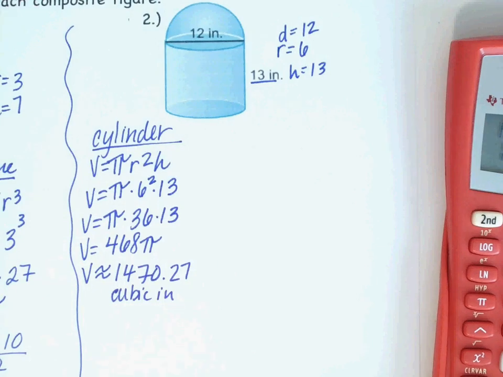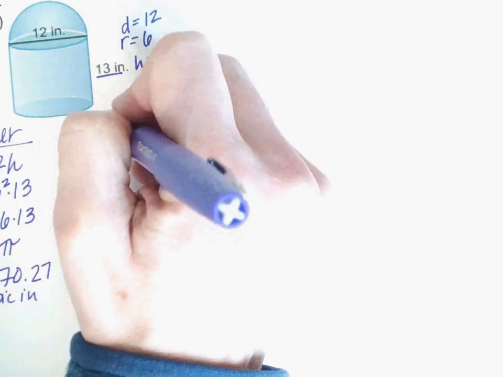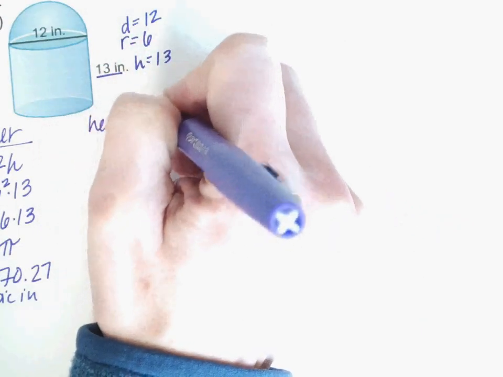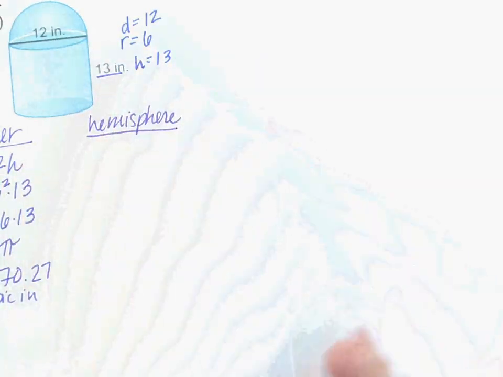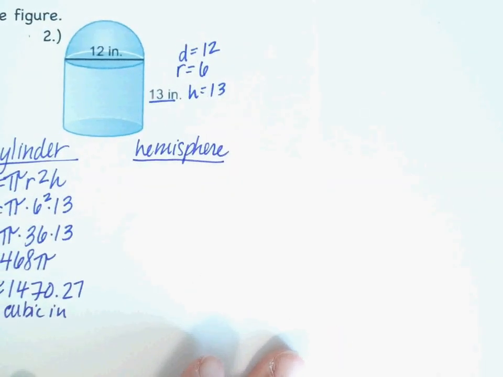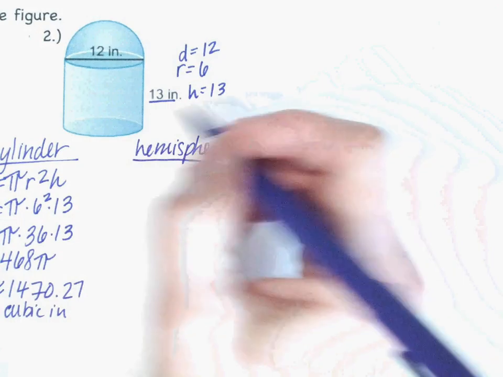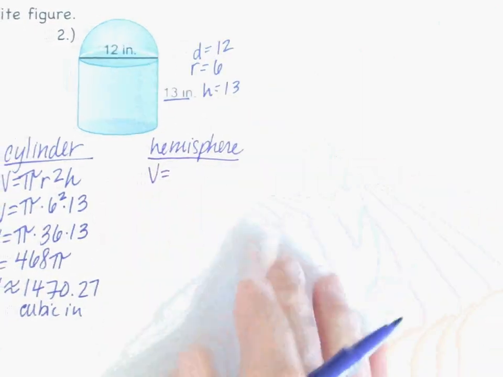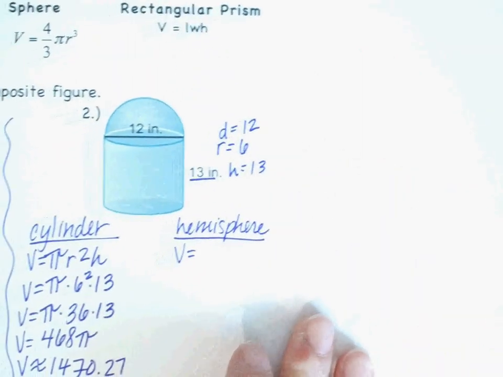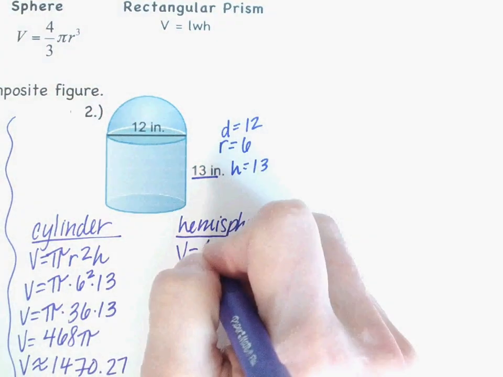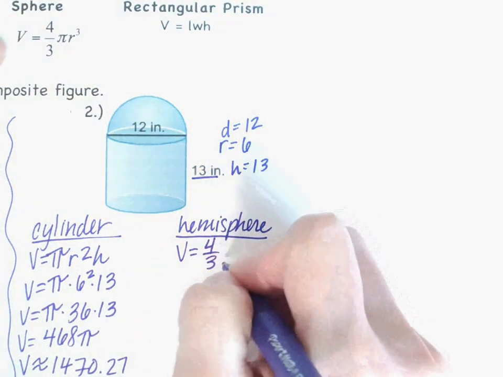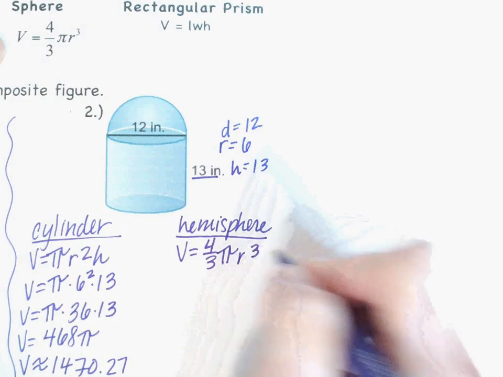Next is going to be the hemisphere. Hemisphere, half a sphere, whatever you want to call it. This time I'm going to go ahead and label it as hemisphere instead of half a sphere like I did last time. So just something a little bit different. The formula, I can just look up top. There it is, my sphere. 4/3 pi r cubed.